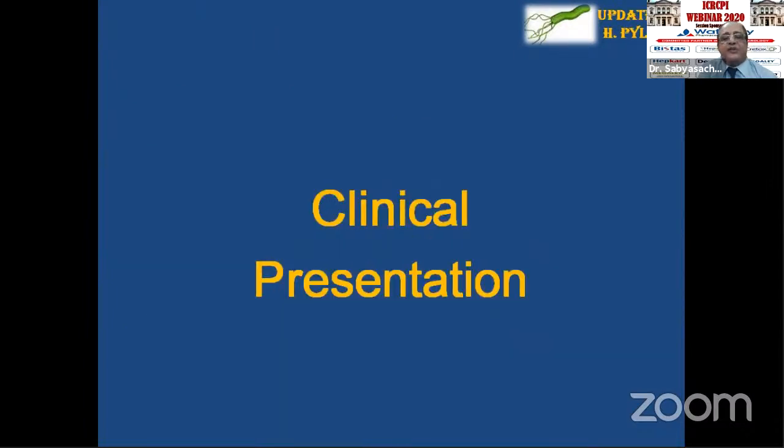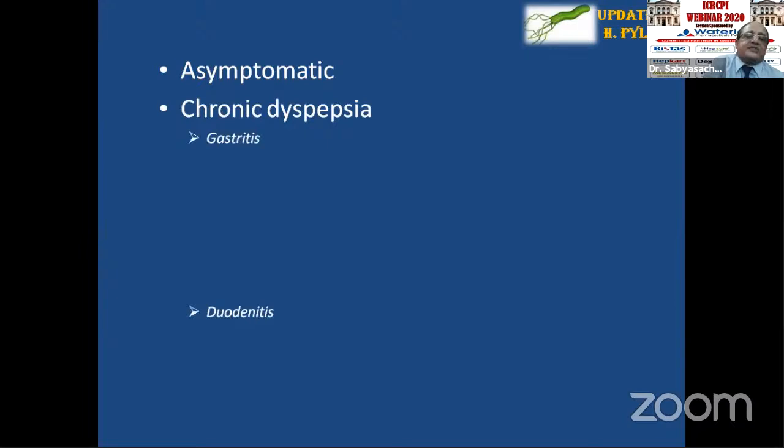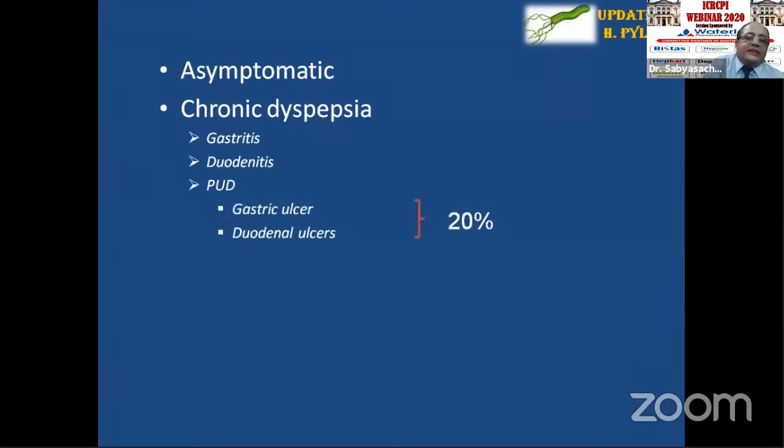Clinical presentation: how does it present? Patients may come asymptomatic, and we may find H. pylori infection in the course of investigating, particularly endoscopy, done for some other reasons. Patients may come with features of chronic dyspepsia, gastritis, duodenitis, and together with peptic ulcer disease, gastric ulcer, duodenal ulcer, which constitutes about 20%, the rest being non-ulcer disease.